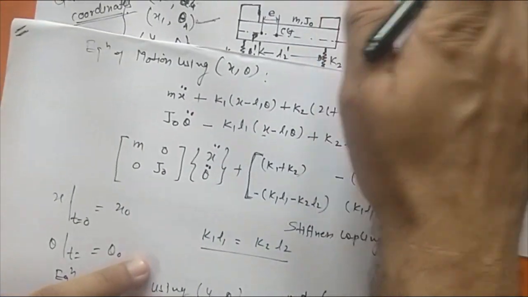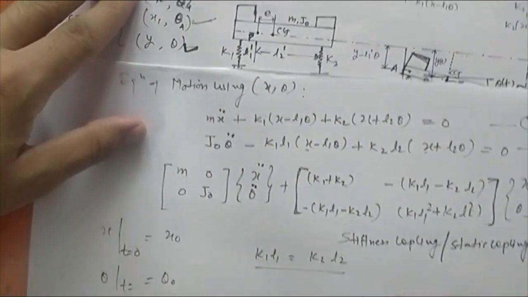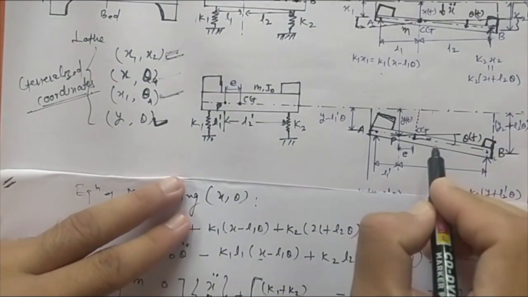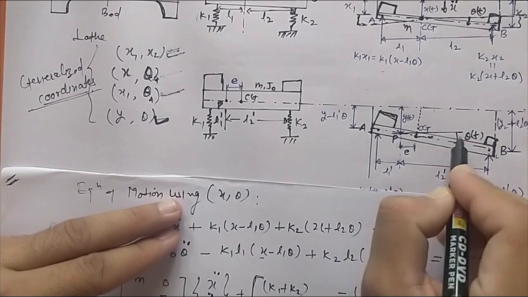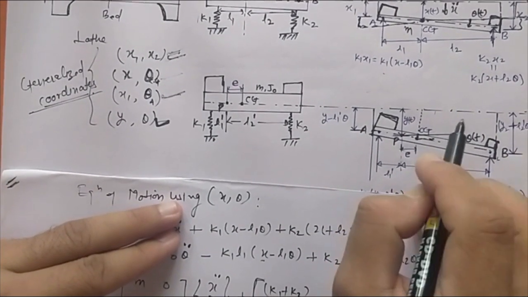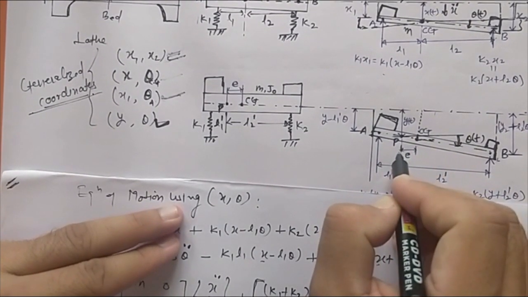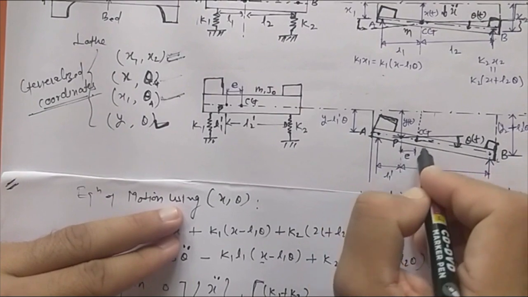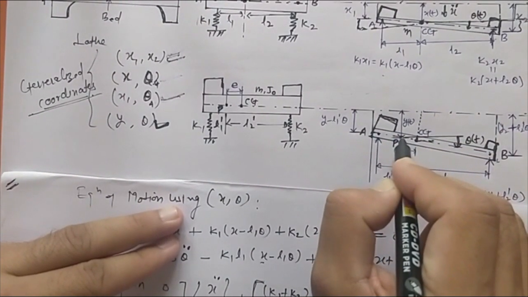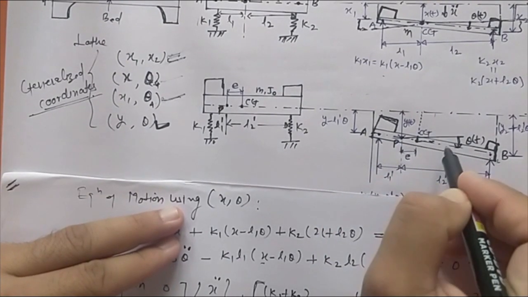Now for its rotational motion, the equation would be: it's rotating, and this is the direction of theta. Then about this point there would be a rotational inertia, Jp, about this point, multiplied by theta double dot.